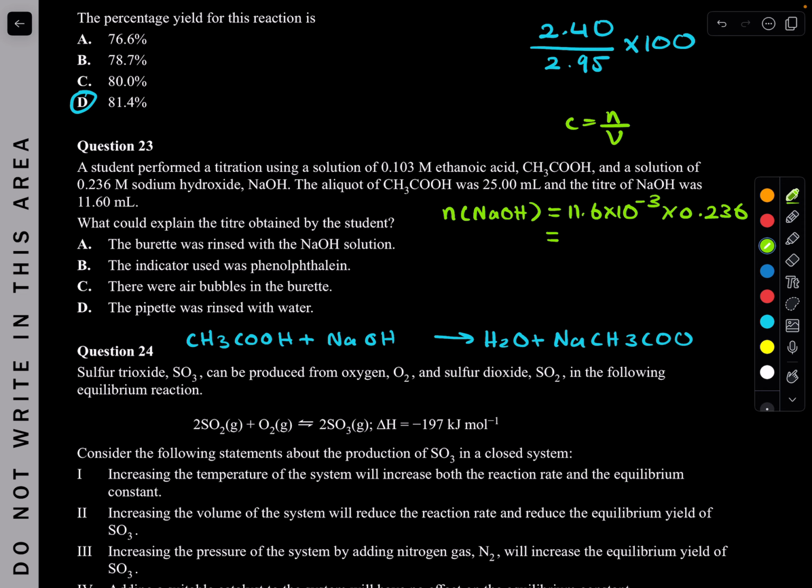We get 0.0027376 mole. Because it's a 1-to-1 ratio, we already have the moles of ethanoic acid, which is great.